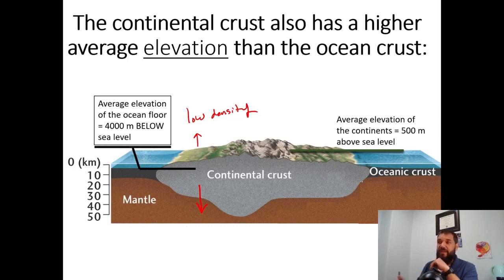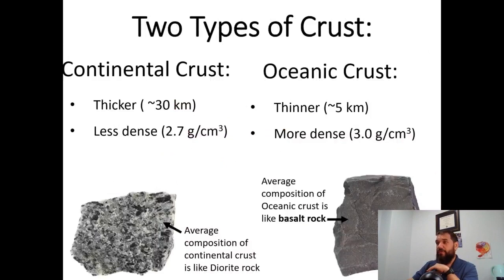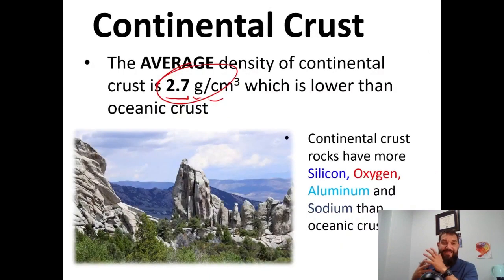In fact, probably only the mountaintops would be peeking out of the water. So it's actually amazingly important for your life and for my life that the density is 2.7. It's a little bit lower, and that helps us to have more continental crust to live on that's above sea level. Okay, so it's a big deal.